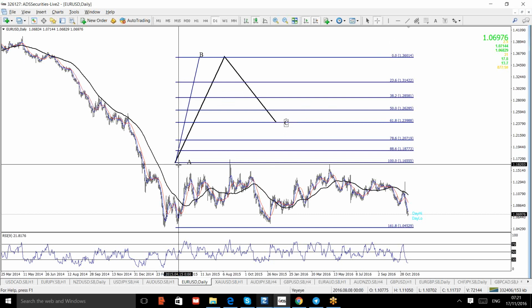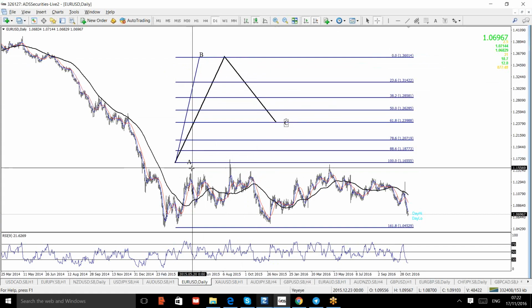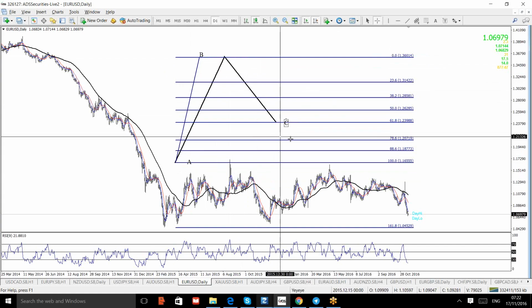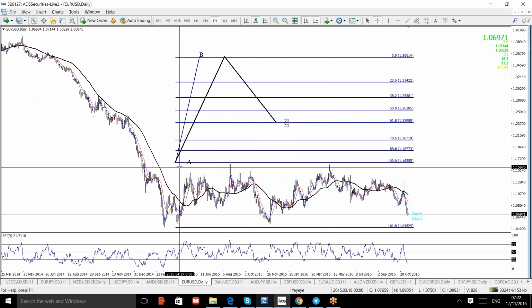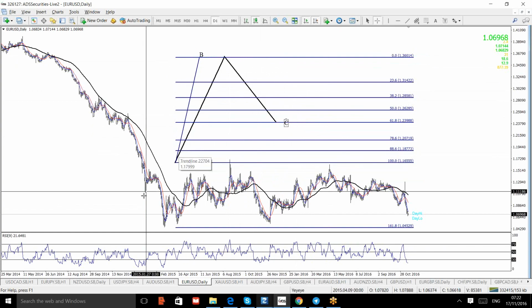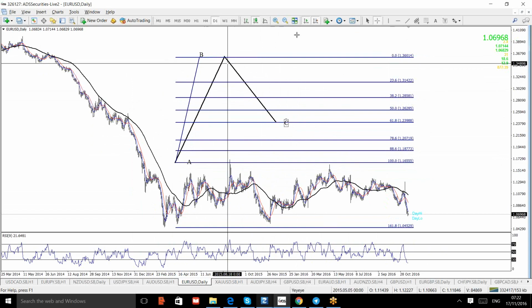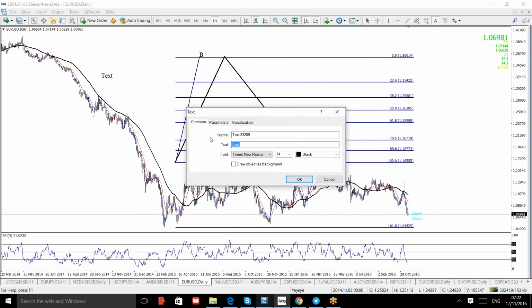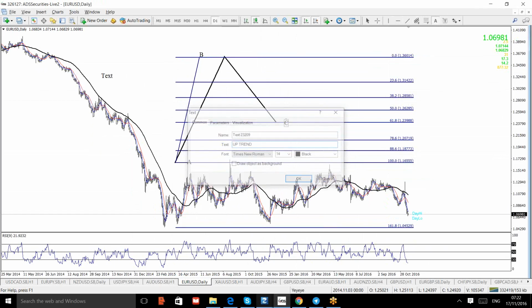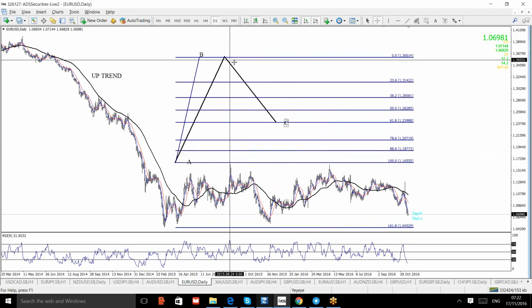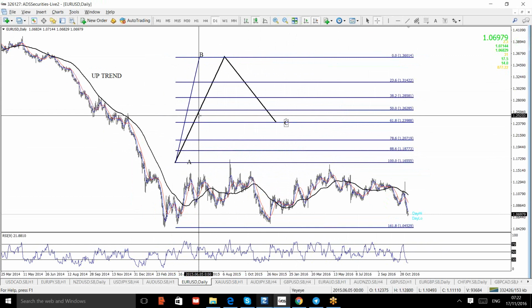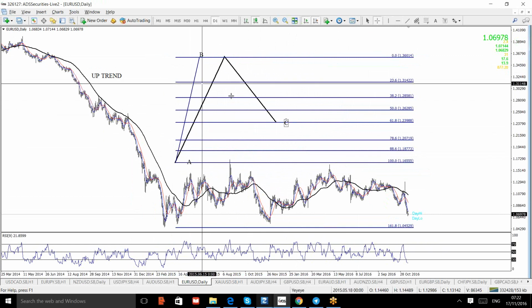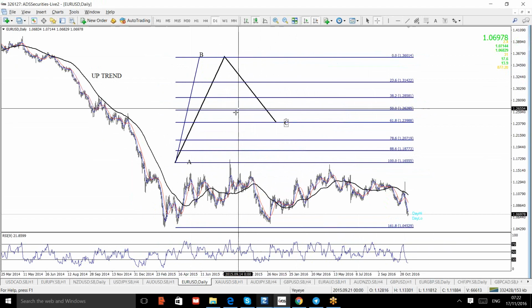Now remember, guys, the price came back to C. And remember, Fibonacci retracement, we use it to see continuation trade, guys. The market moves from point A to B, which is an uptrend, right? Now, we want to see how much the price can retrace from the move A to B. That is why we use the retracement tool, right?